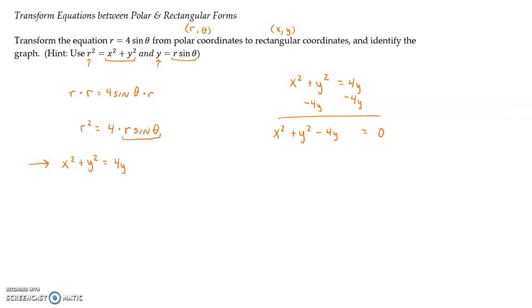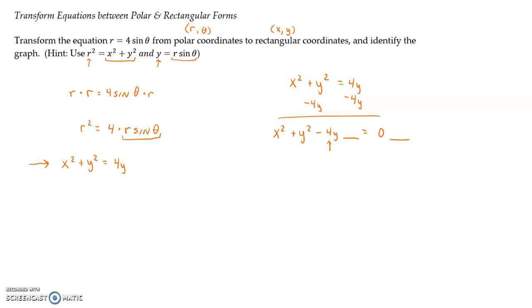And I left some space here because we're going to complete the square on this left-hand side of our equation. I want to gather all my x terms together, all my y terms together, and they already are. So let's take a look at our y terms here. This number in front of the y term is a 4. I'm not going to worry about my negative sign for right now.